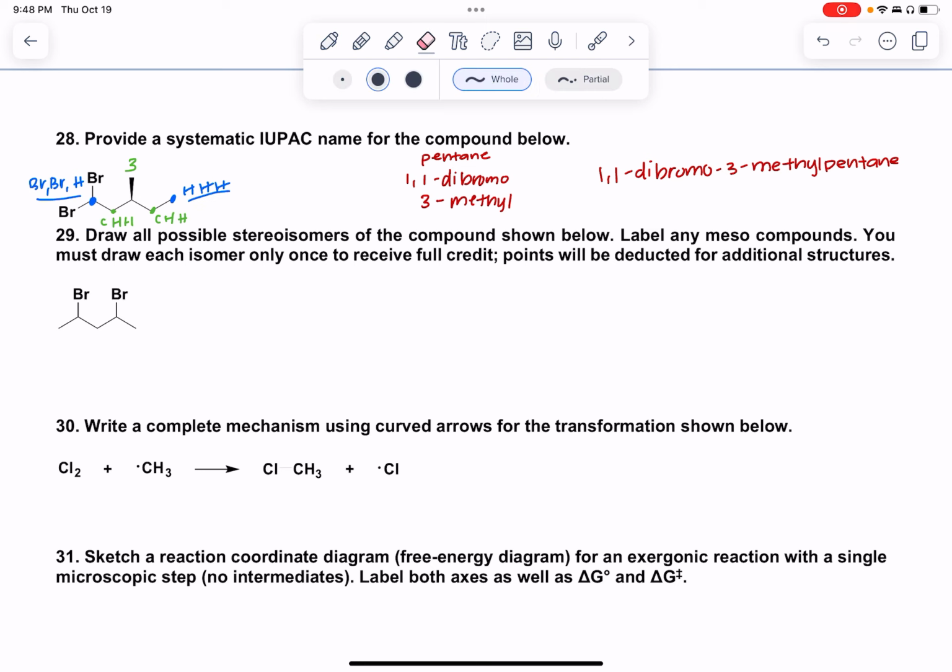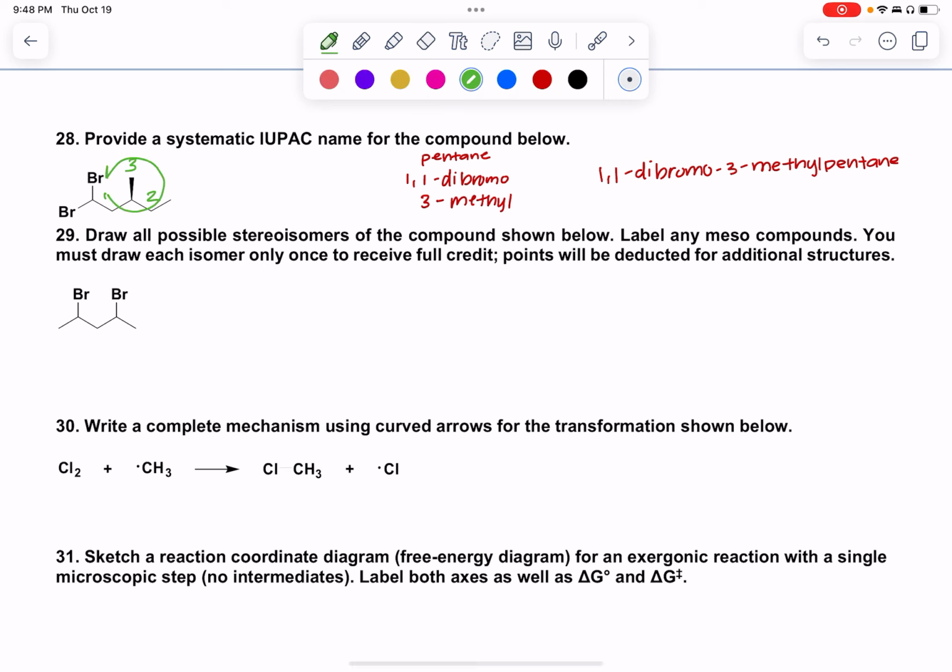So now we have 1. Let me get my green back. 1, 2. I'll erase all my scribble scratch here. So 1, 2, 3, and 4 is in the back. That's good. That's where you want it. 1, 2, 3. This is an S. And hydrogen's in the back. So it looks like S. It is S. So we're going to put S in front here.